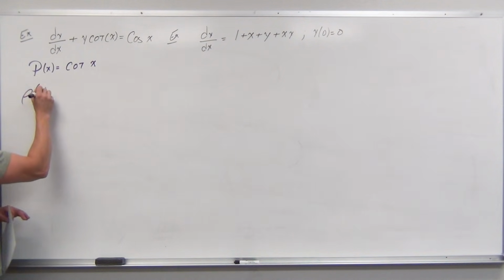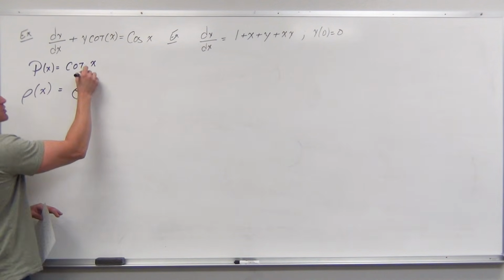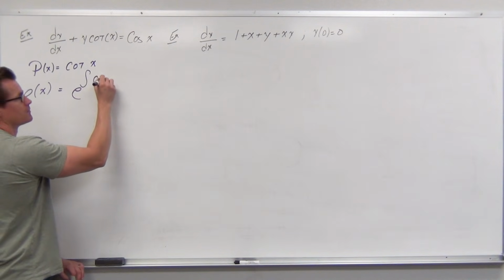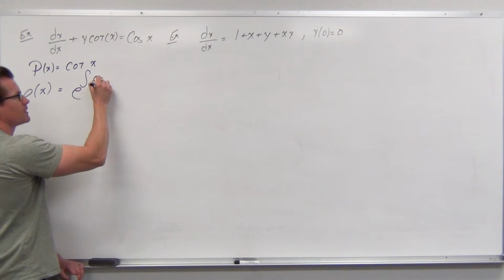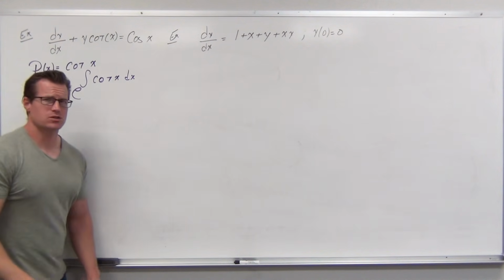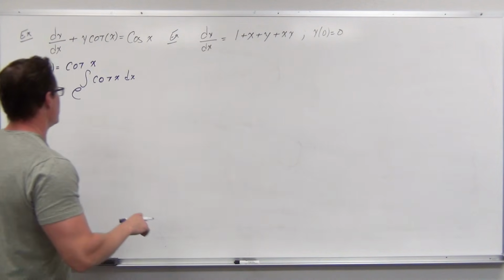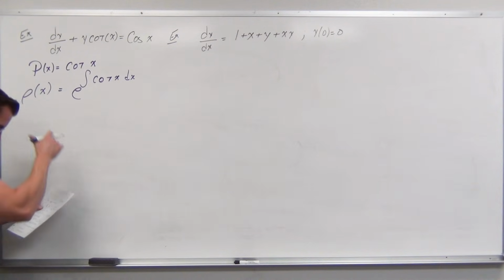The thing that's going to complete our result of a product rule is always an exponential, and the exponent is an integral of p of x. And we talked about that at length on why that works that way. So I would use your table, use your integration table, use whatever it takes to do that integral quickly. That is ln of the absolute value of sine x.